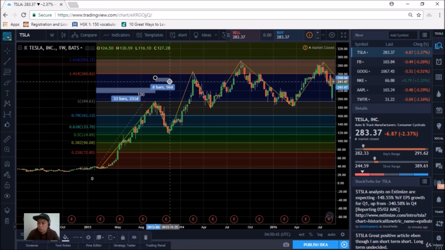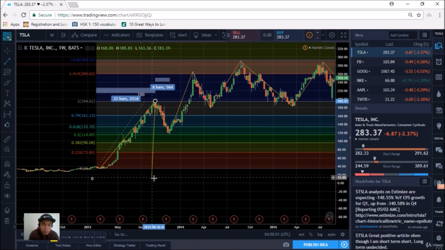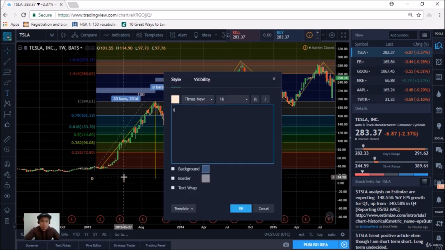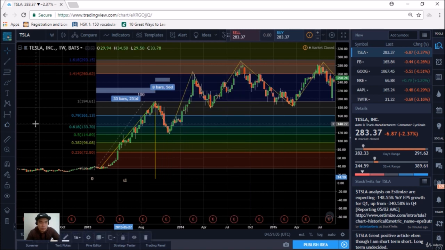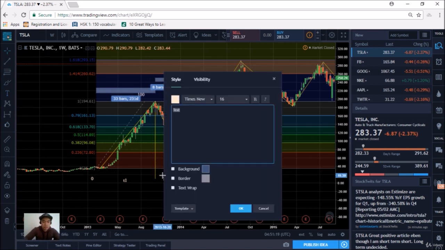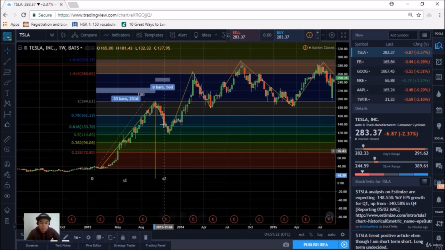What we're trying to do is measure the time component between the bullish move and the retracement. So this is time component number 1. This is time component number 2.